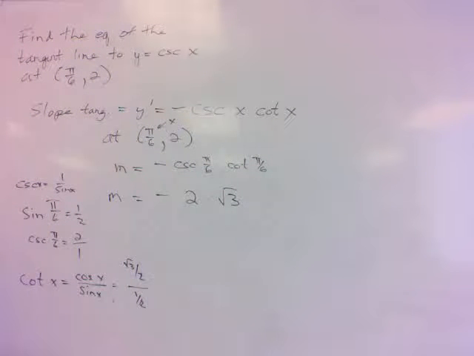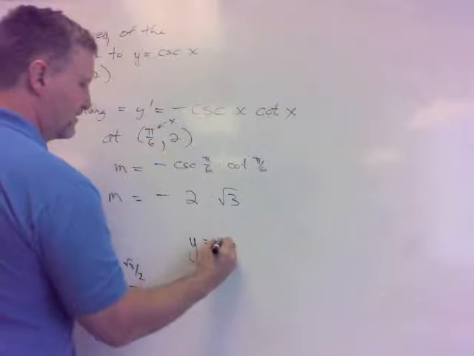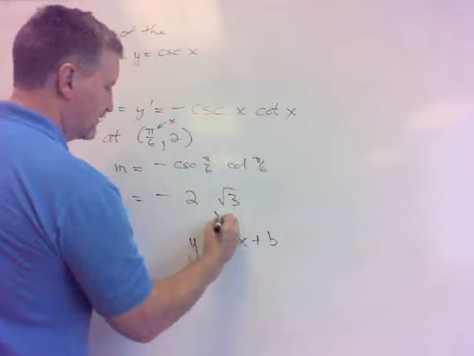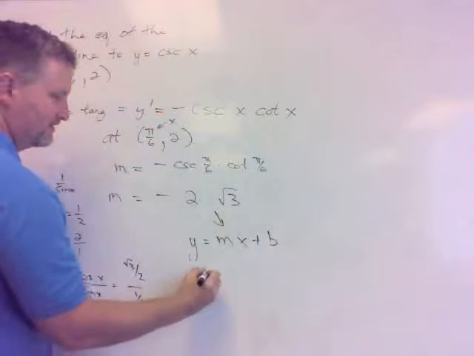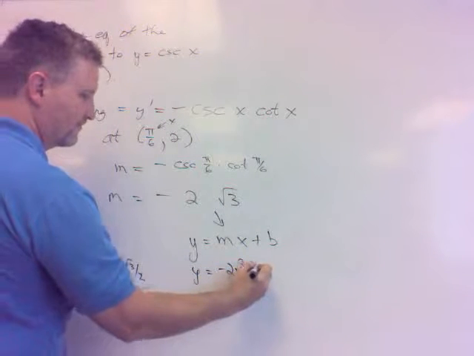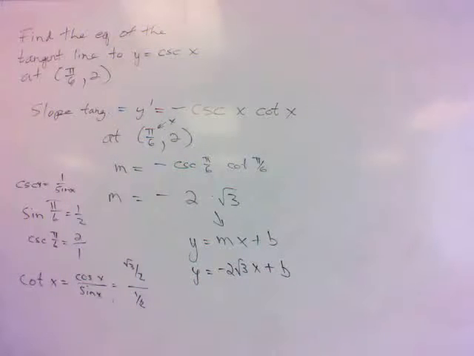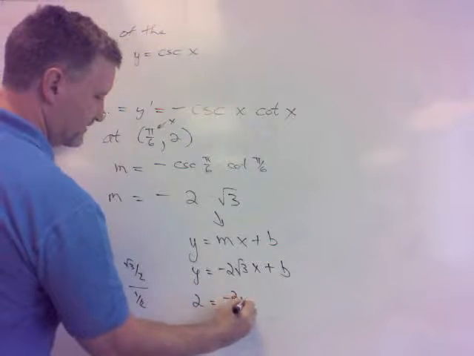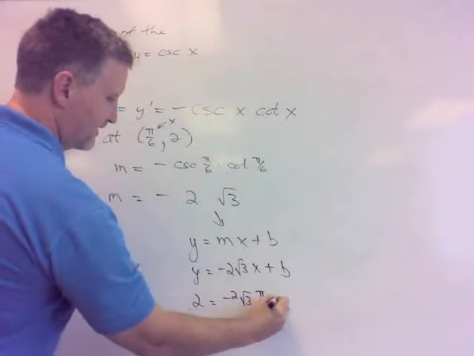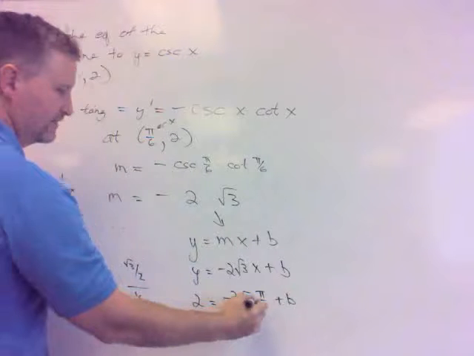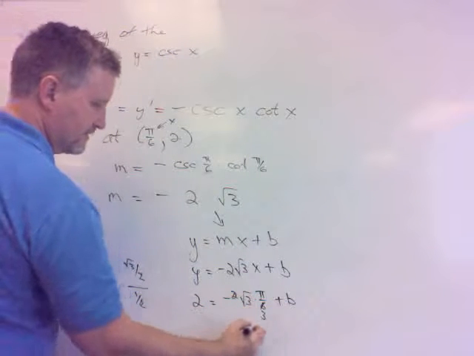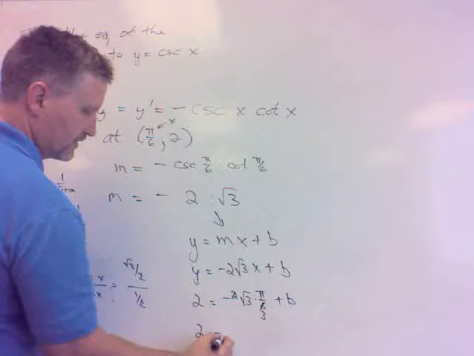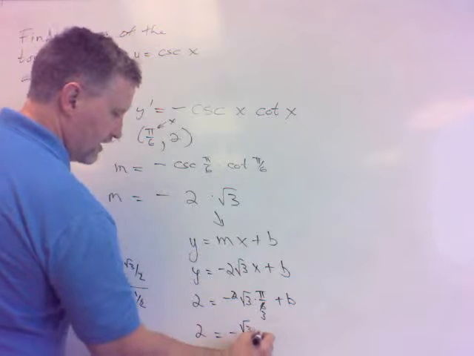It's a nice, lovely little slope. So the equation of the tangent line would be y equals mx plus b. There's my slope, minus 2 square root of 3. And so to find the b, plug in the x and the y: 2 for y, pi over 6 for x. Yeah, it's not going to come out looking very nicely at all. I mean, you could round it off, I guess, but, well, that cancels. So 2 equals minus square root of 3 over 3 pi.